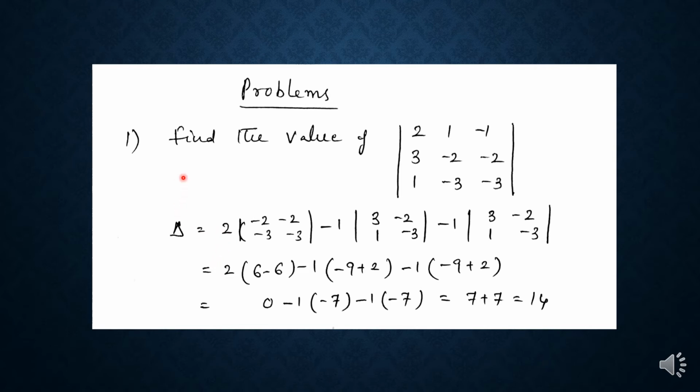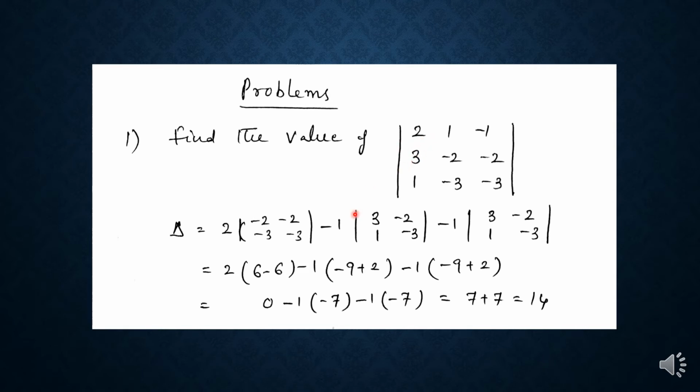So 2 into what is its minor? The minor can be obtained by deleting the row and column where the element occurs. So minus 2, minus 2, minus 3, minus 3. This is the minor of the element 2. For the second element, we get minus in its cofactor.